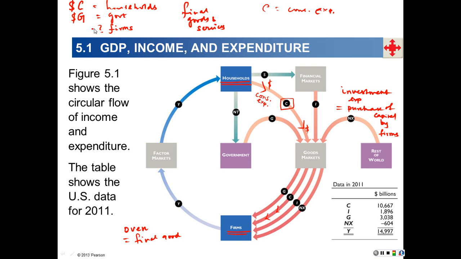Spending by firms, when we count firms as shoppers, what is that spending called? Investment expenditure. Because remember, the only shopping that we are concerned with here is shopping for final goods and services. And as I've just said, the only final goods that firms buy are capital goods, meaning machines.